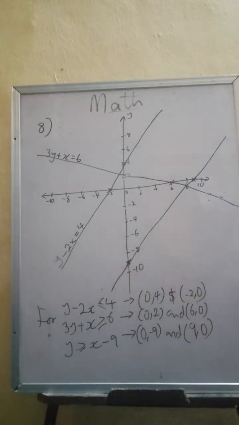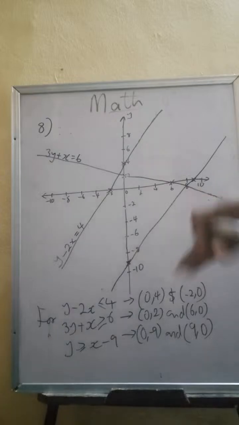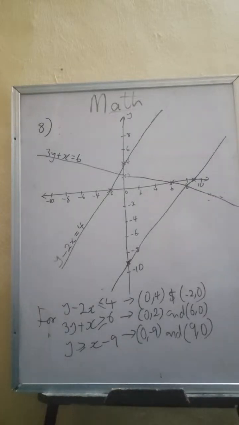Now, if you notice, these two lines will join if you continue, because it appears they are not parallel. But there's no need concluding at this point. The equation of the line remains y equals x minus 9. That's the equation of the line.